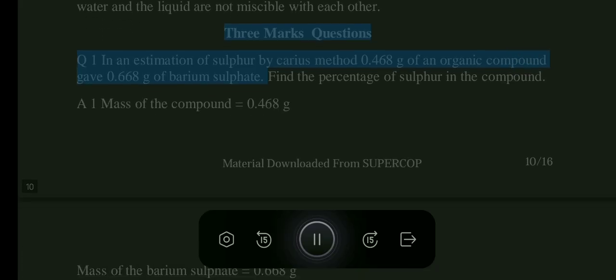Three marks questions. Q1: In an estimation of sulfur by the Carius method, 0.468 grams of an organic compound gave 0.668 grams of barium sulfate. Find the percentage of sulfur in the compound.